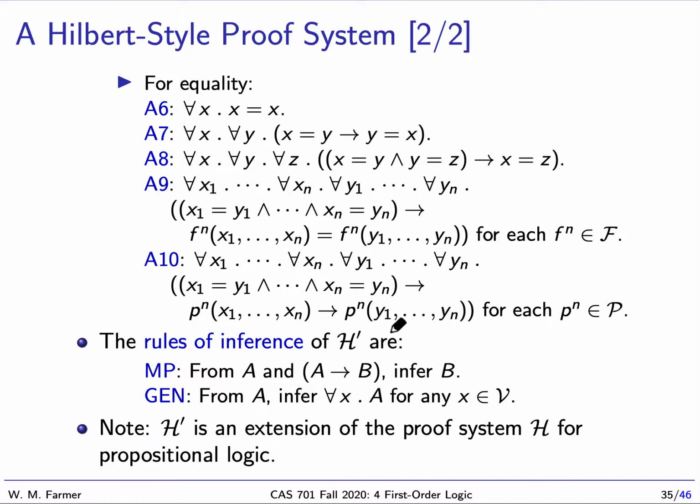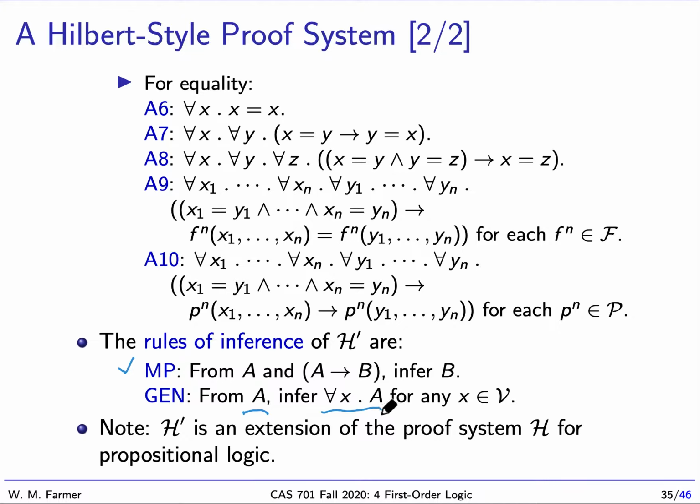And then this proof system has two rules of inference. It has modus ponens like the propositional version, and it has generalization. Now generalization says that if we've proven A, we can infer for all x dot A. Presumably in this case, x is free in A.